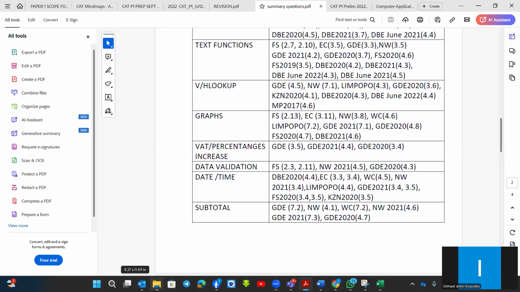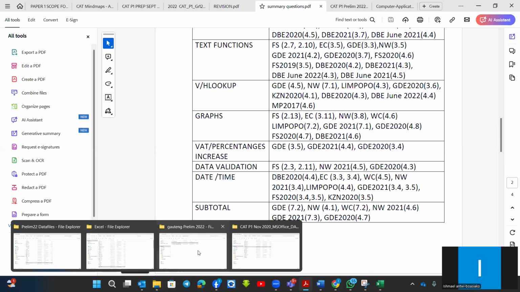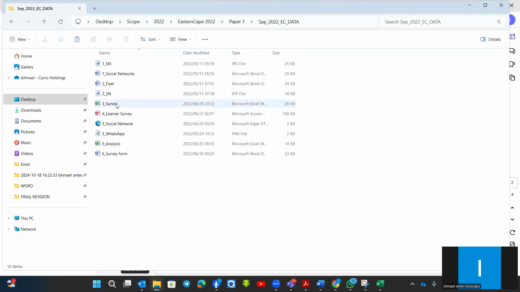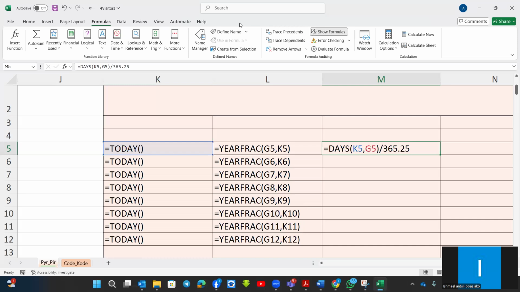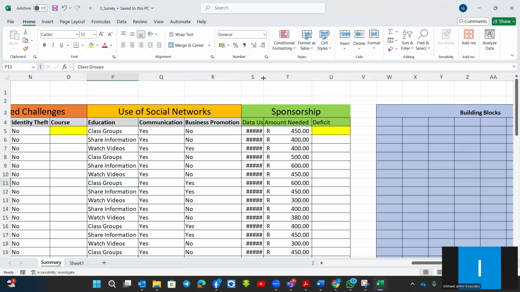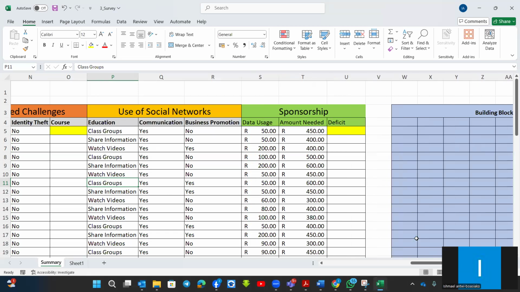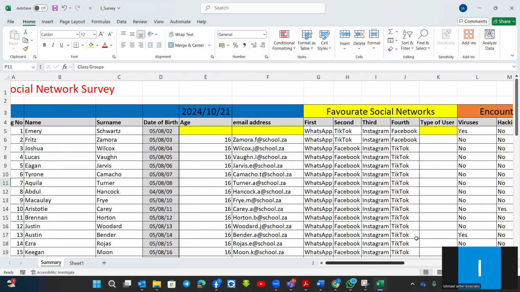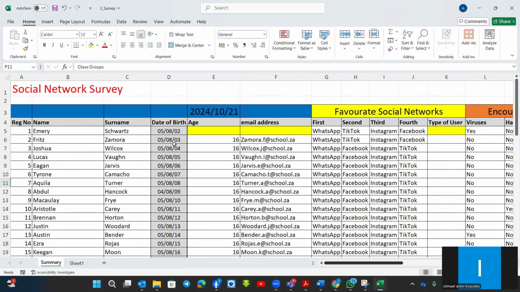Eastern Cape 2022. Eastern Cape, we have 3.4 here.